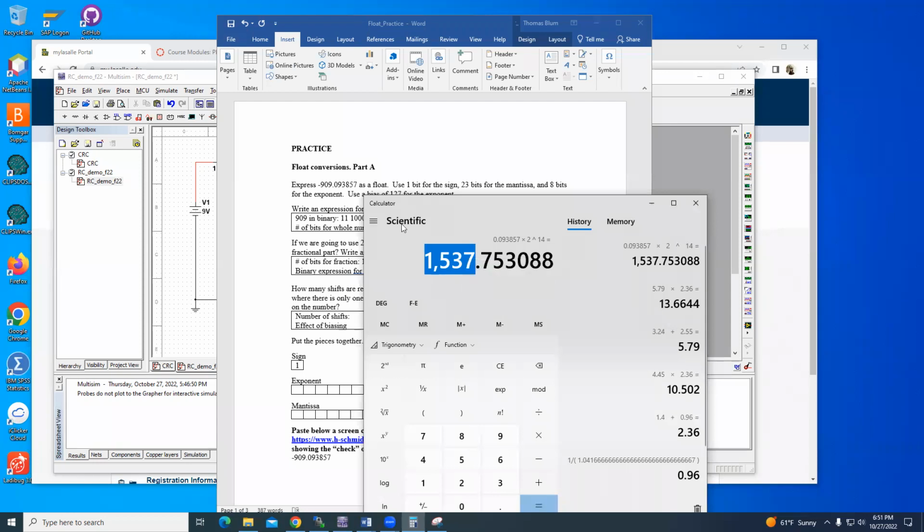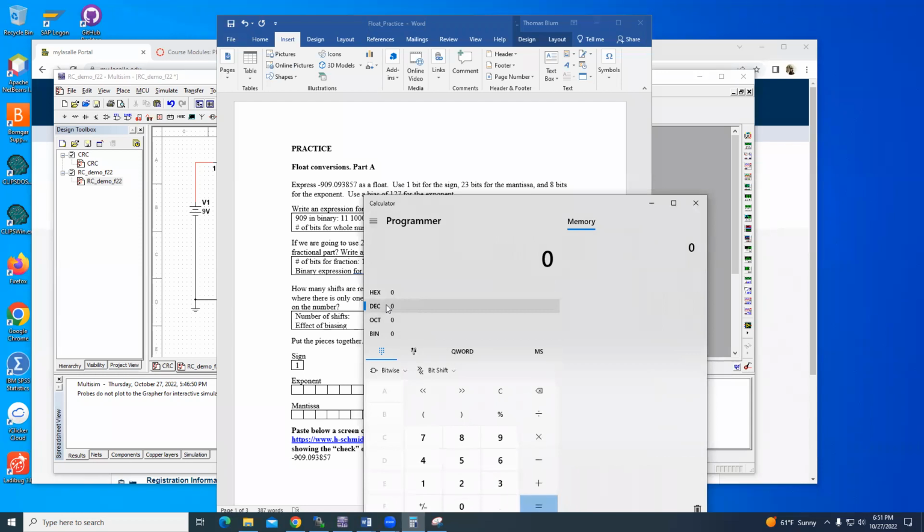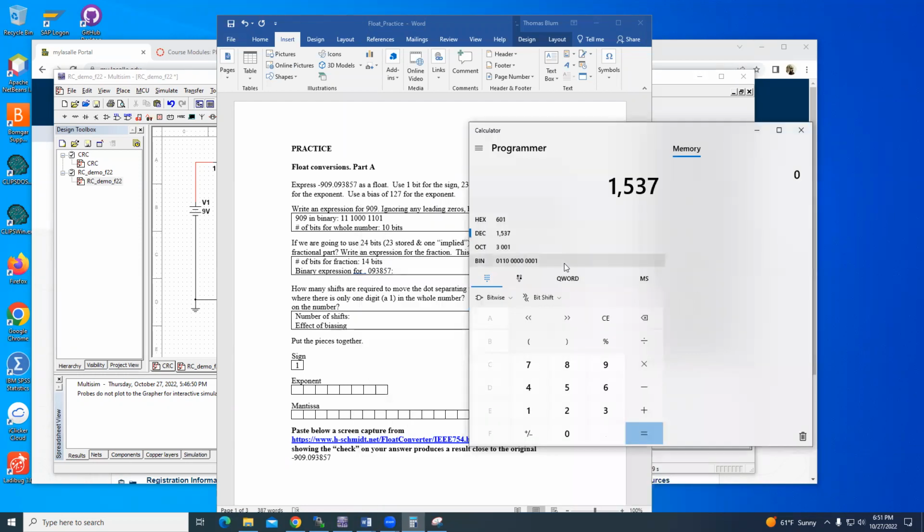So I'm taking that whole number and I'm taking it over to programmer mode. I'm putting it in here, Control V. And I was expecting 14 and it's telling me right here 12, but I wanted 14 out of it. So I need 2 more zeros out front.